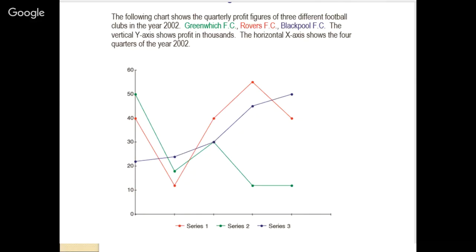Yeah. Do we agree? Fabulous. It is one of increase based on how we see the lines, right?